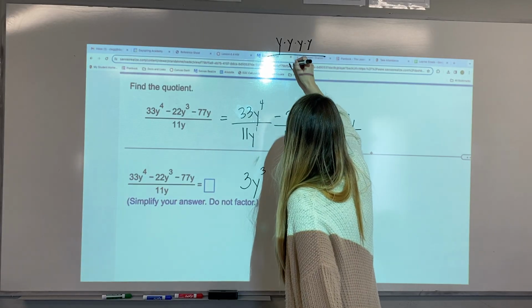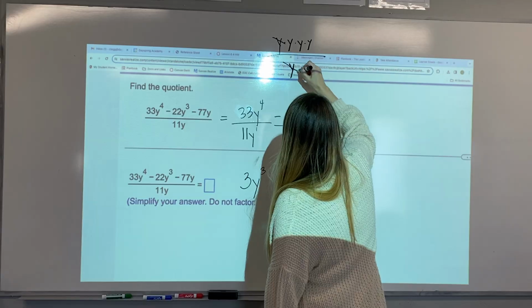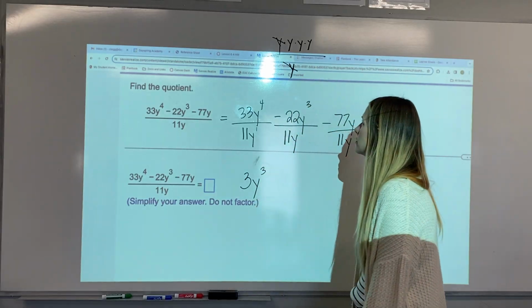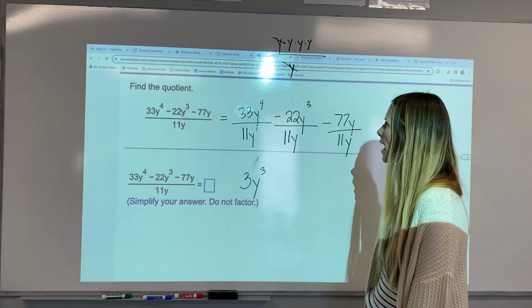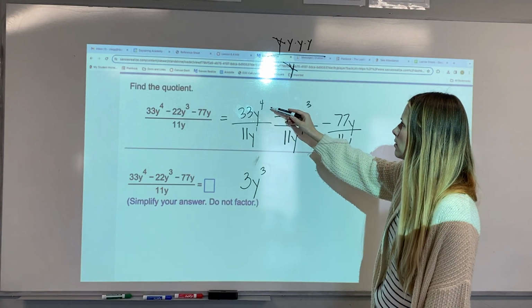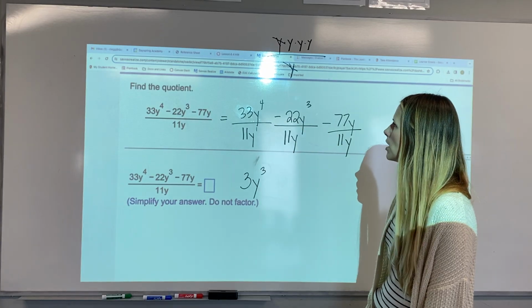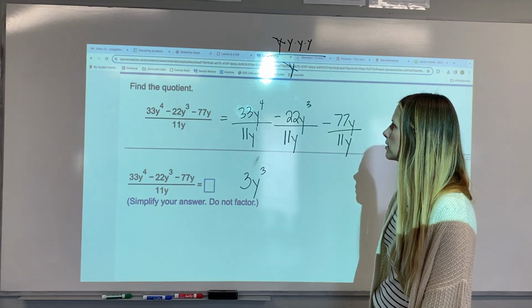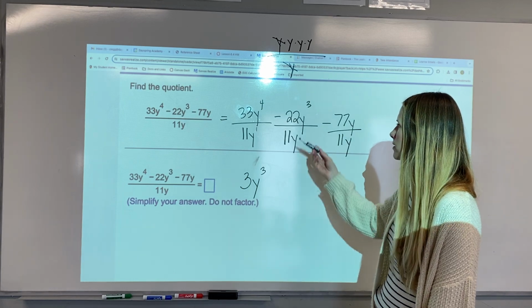Y to the 1st is y. Anything divided by itself cancels out. What's left? Y to the 3rd. So we just take away whatever is in the denominator. We subtract, and you get 4 minus 1 is 3. Does that make sense? Okay, next.